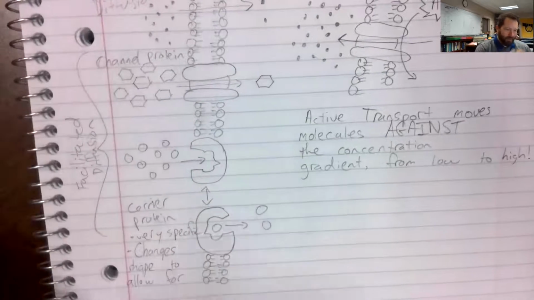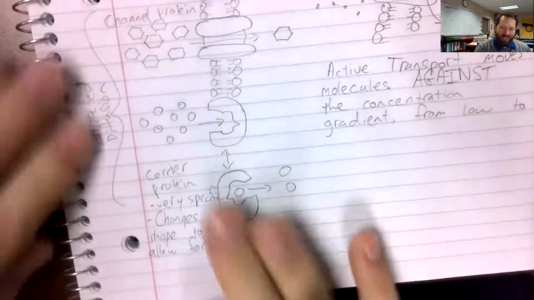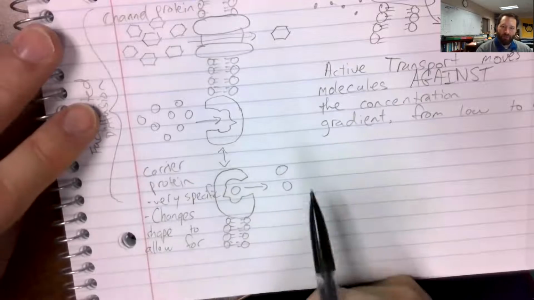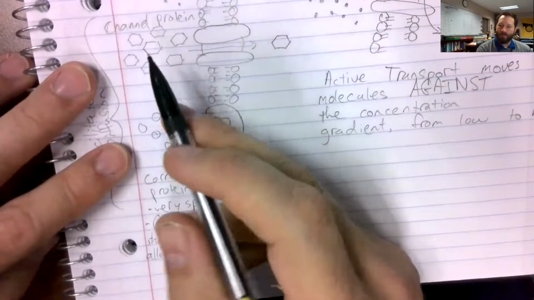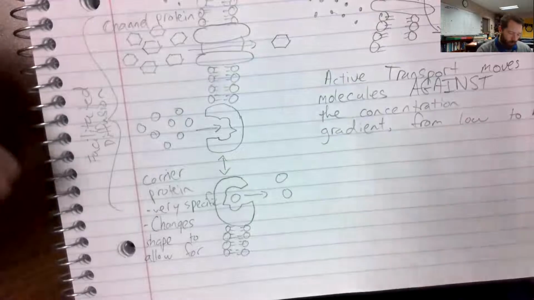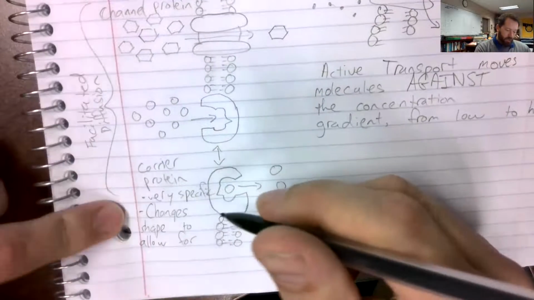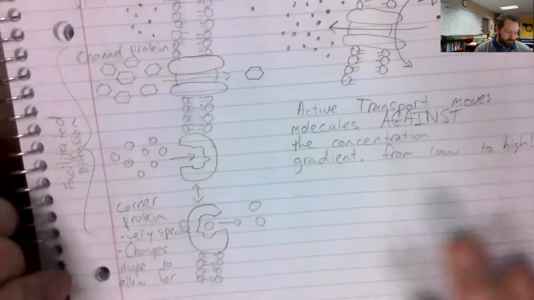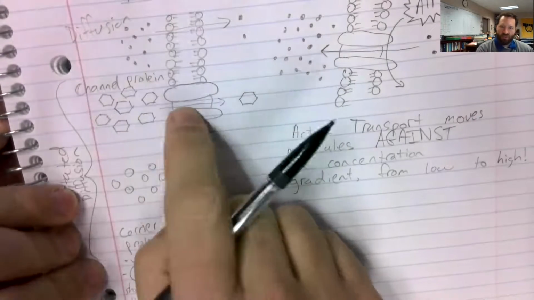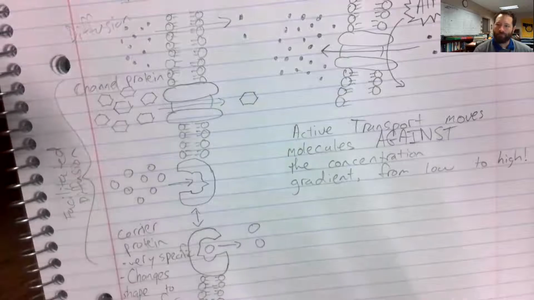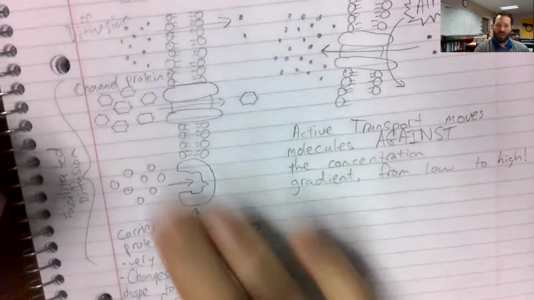All right, so now that we've covered that, let's come down here and finish this sentence. A carrier protein is very, very specific, and channel proteins could be specific as well. Think of a square peg in a round hole. But another big advantage, now that you've thought about the concentration gradient, is that these channel proteins oftentimes only work as long as you have a concentration gradient.